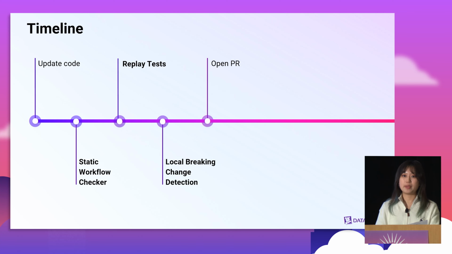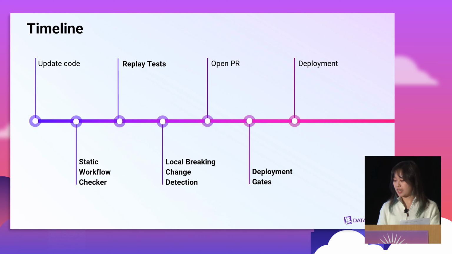Right before deployment, BCD Deployment Gates would run to check for breaking changes. So if there aren't any breaking changes, deployment would continue as expected. And after my changes are deployed, Temporal worker versioning will then be running to ensure that workflows are assigned to the worker running the correct code version and mitigate any panics.